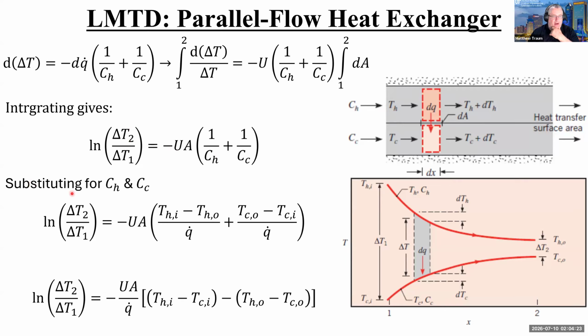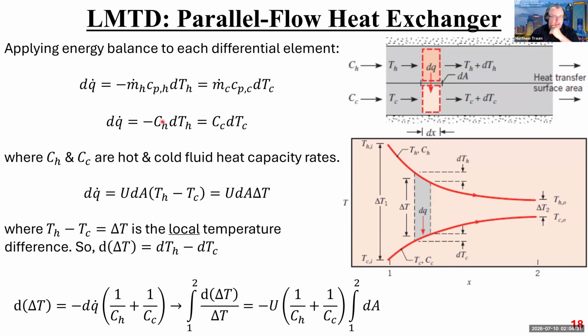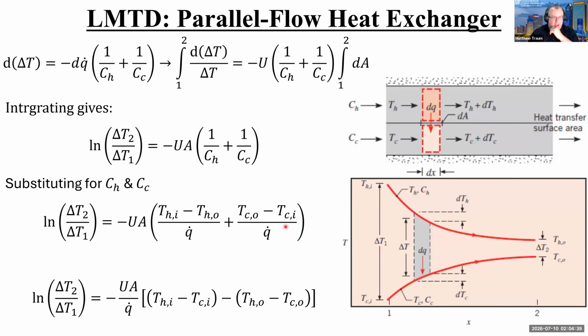Okay, so now we're going to replace CH and CC by substituting in this equation here, which is actually two equations, right? We've got this equals this, and this equals this. So we plug that in here, and now we're just cleaning things up, right? So I recognize that these Q's are the same Q, so I'm going to pull them both out.